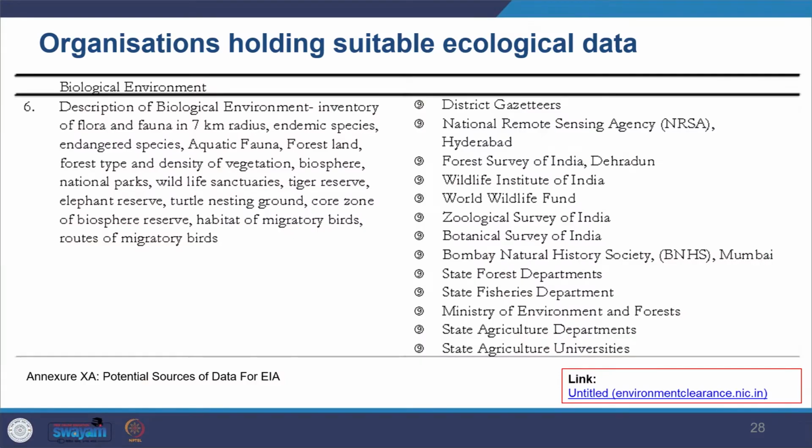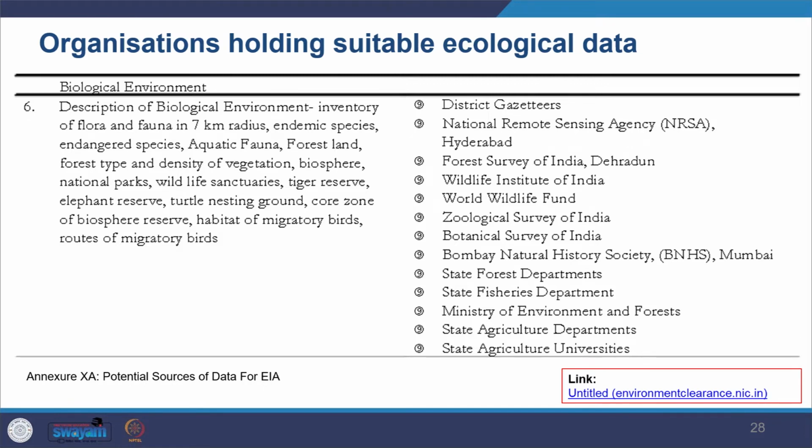So here, as per the manual, which I have again taken from the thermal power plant manual, you can see the different sources of data for ecological purposes. For biological environments, you can take an inventory of flora and fauna within a certain radius, and identify all kinds of species, endangered species, aquatic fauna, forest land, forest type, density of vegetation, and so on. The source of information is district gazetteers.